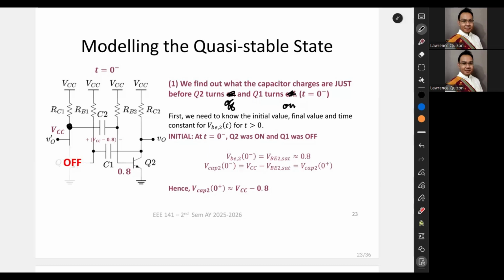If Q2 was on, then this has to be VCE sat, which is something like 0.2, right? And this also has to be 0.8. So, for the relevant voltages, this has to be VCC minus 0.8 for C2, and C1 is 0.2 minus VCC, right? But the value of C1 is not important at the moment, okay? Because these are strongly driven nodes around it, okay?